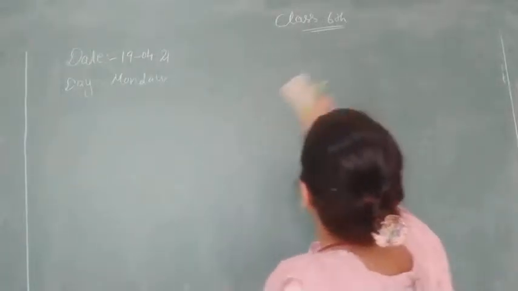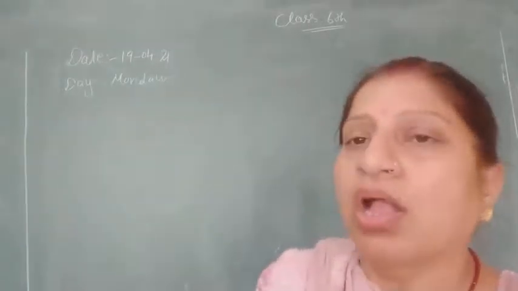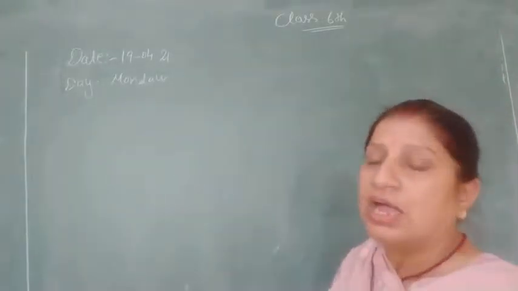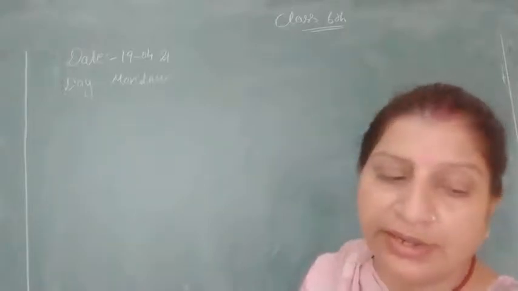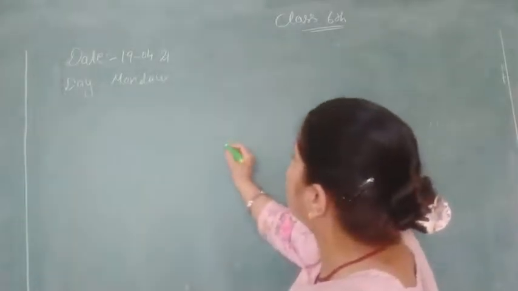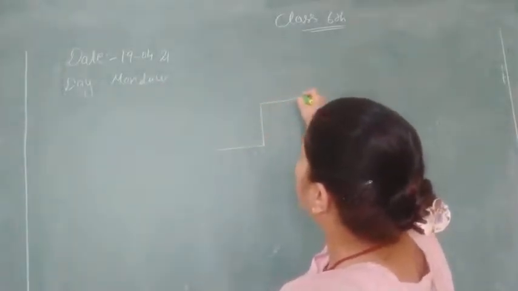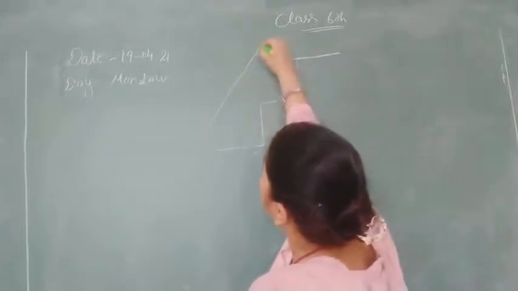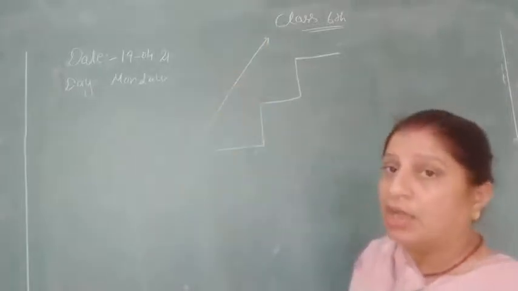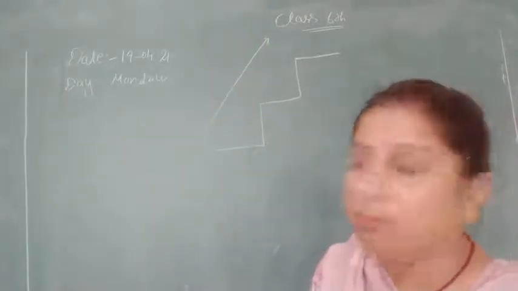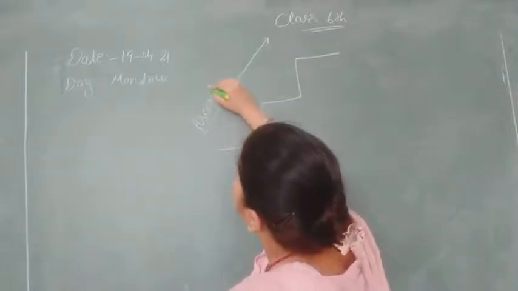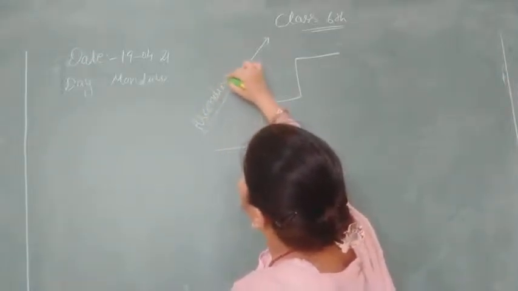Now after learning the concept of comparison, we are able to find the increasing order and decreasing order. For this, first of all, we make steps. And these steps, when we are going upward, are called ascending order.